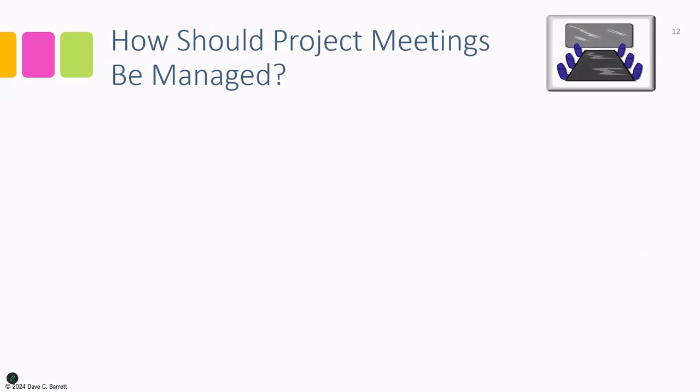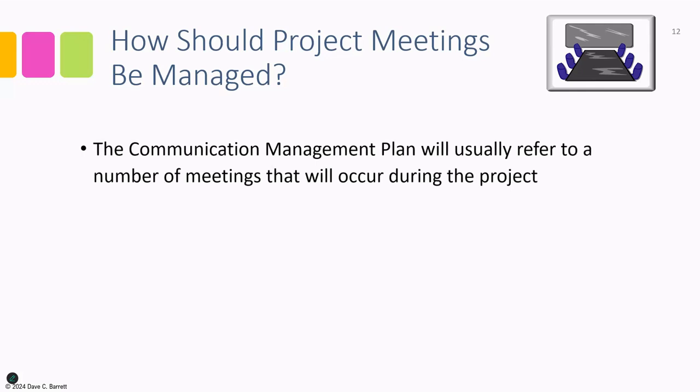Now, the next section is on project meetings. This is a form of communication that is important within projects. The communication management plan will usually refer to a number of meetings that will occur during the project. And by the way, these processes are for formal meetings, not every time two or three team members get together on an ad hoc basis, but for formally planned meetings.